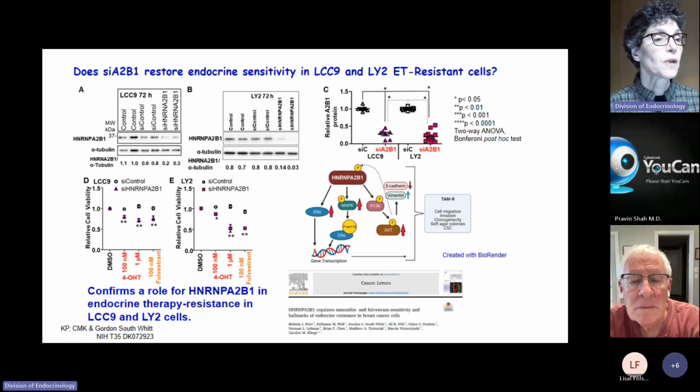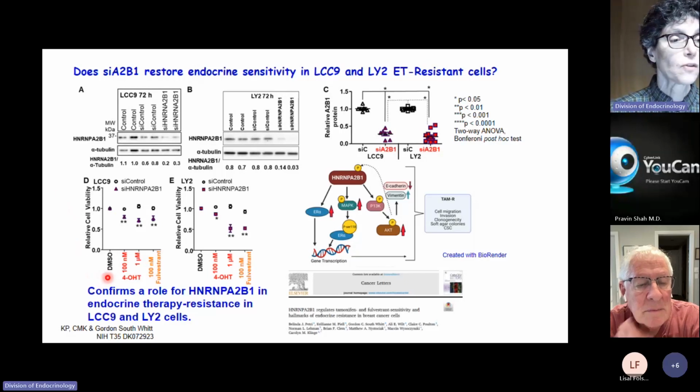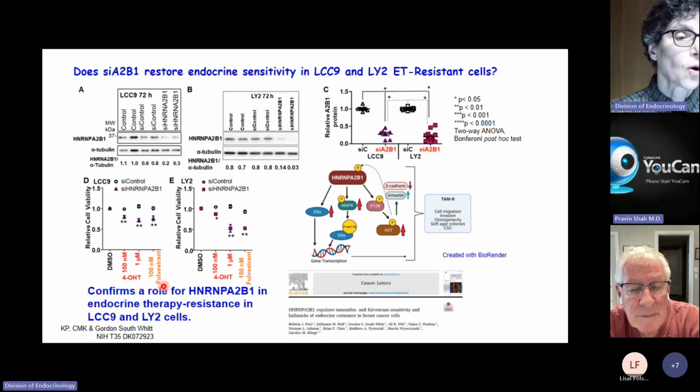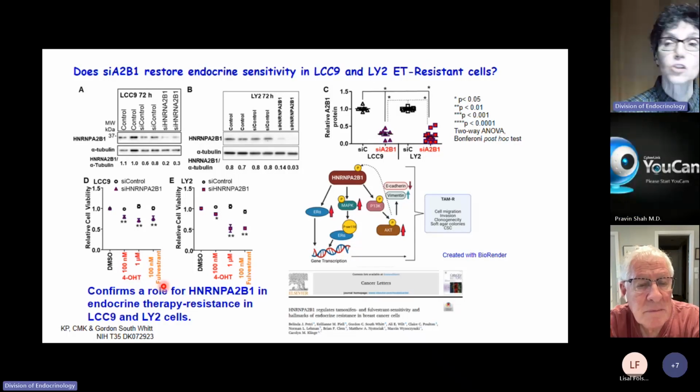And then we performed MTT assays for 5 days, treating the cells either with a vehicle control, DMSO, or with two different concentrations of 4-hydroxytamoxifen or 100 nanomolar fulvestrant, the selective estrogen receptor degrader.